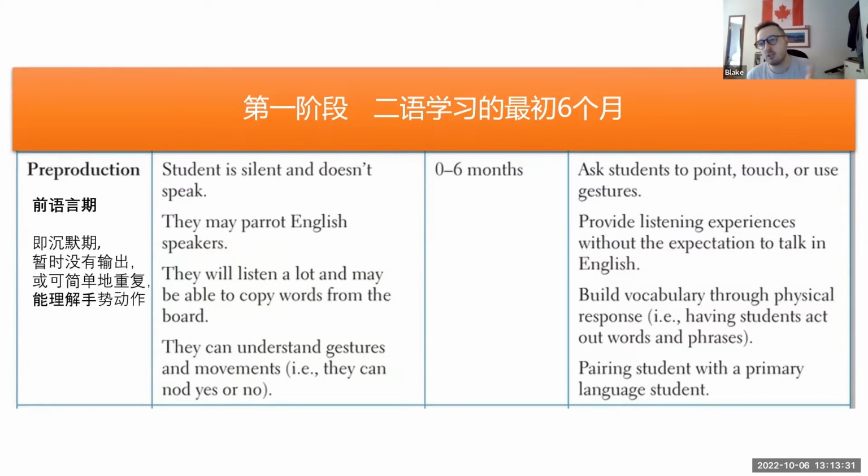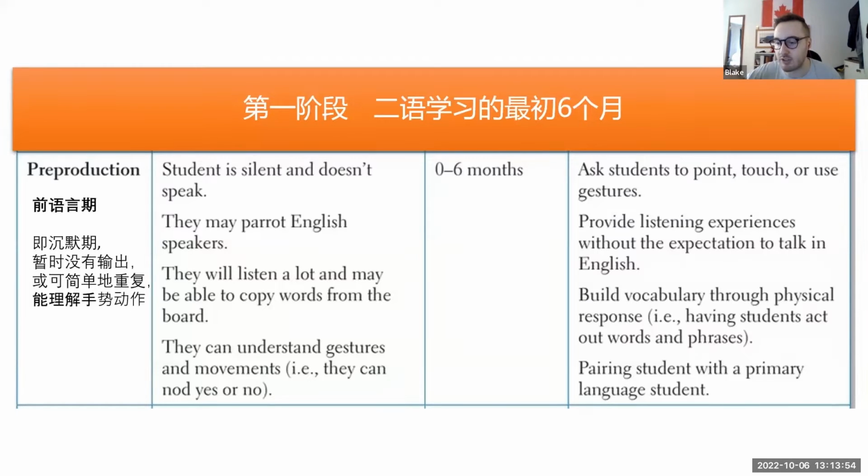So in our first stage, our pre-production stage, this takes place usually around 0 to 6 months of English learning, okay? In this stage, your child might be quite silent and doesn't really speak in class, which makes sense because they don't know the language yet, right? They might be able to parrot English speakers back. That means repeat what someone says to them.